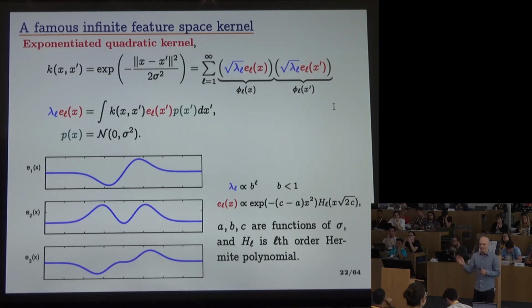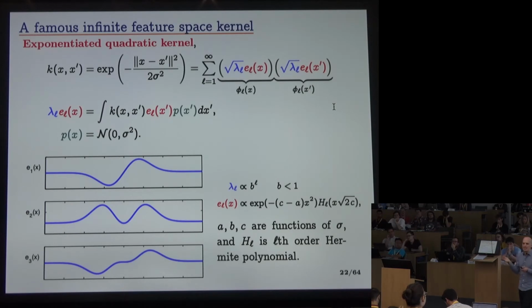Right, so in this case, to get this exponentiated quadratic kernel, I need infinitely many features. Some kernels, if I just had a simple feature space like x and x squared, that would be a valid kernel. That's a polynomial kernel. In a sense, the power of kernel methods is that I can deal with infinitely many features, as long as I can compute the kernel in closed form.